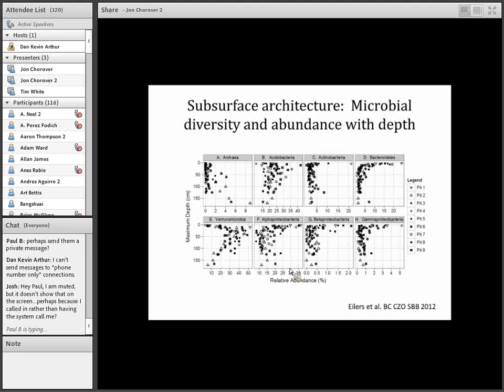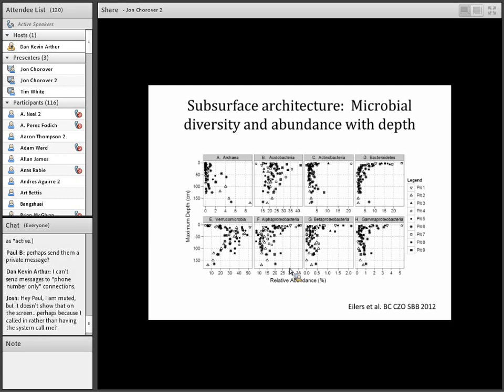And here are some data from the Southern Sierra CZO by Holbrook et al. that are seismic velocity measurements.